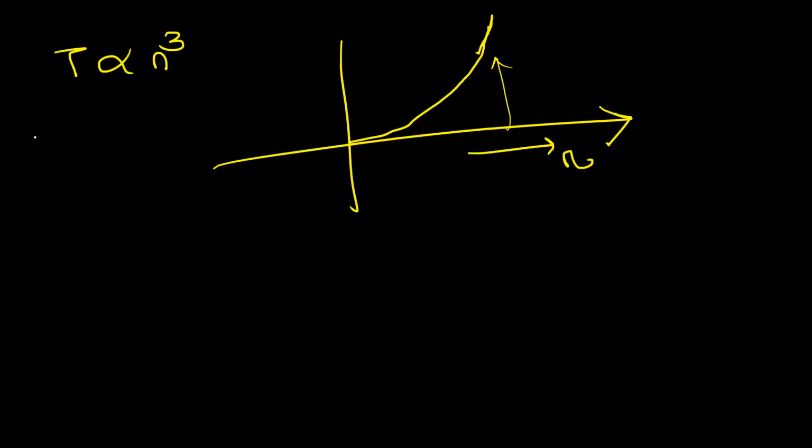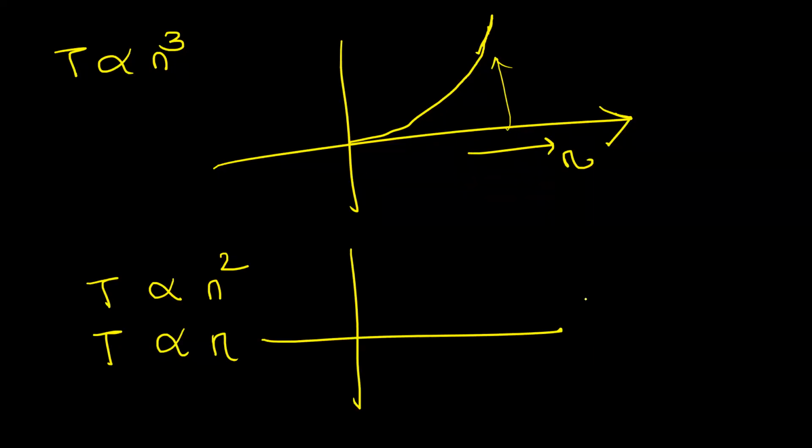Okay. So if I ask you something like this, boss, there is one program in which the time is scaling in quadratic fashion, and there is another program in which the time is scaling in a linear fashion. Then what will be better? Can anybody tell me? N means it is linearly scaling with input. As you increase the size of input, the time will scale in a linear fashion.